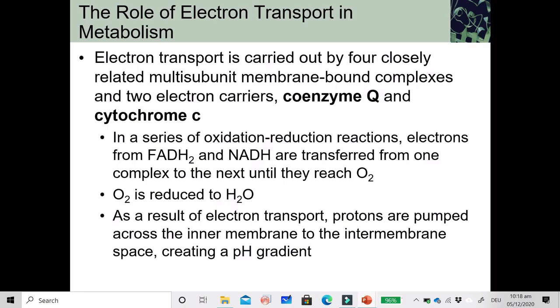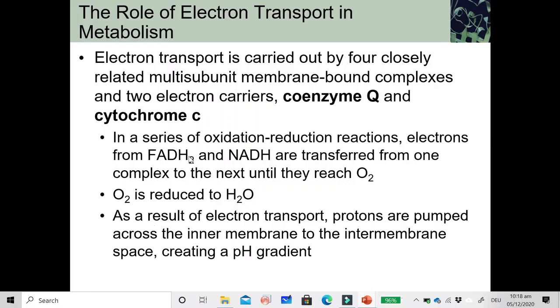Another thing to bear in mind is that coenzyme Q and cytochrome C do not consist of multi-subunit proteins. Coenzyme Q, for example, is ubiquinone. It's a small molecule. Okay.